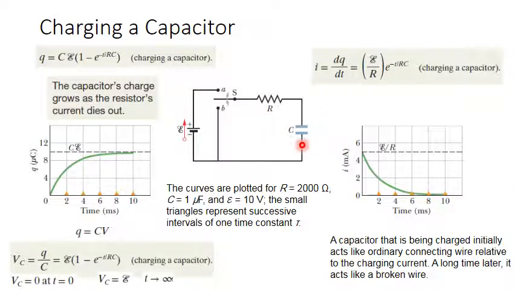Once again, the final value represents no resistor: the charge equals C multiplied by E. This is the final value. The initial value represents no capacitor, it is a short circuit, so the current is E over R.